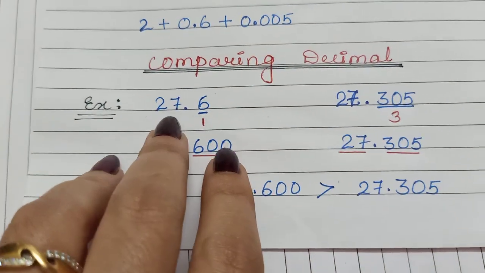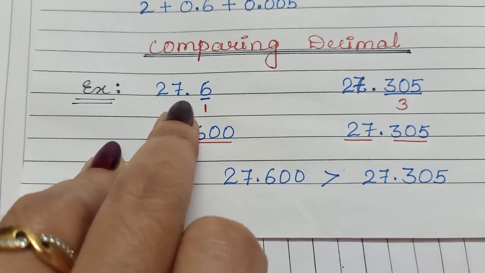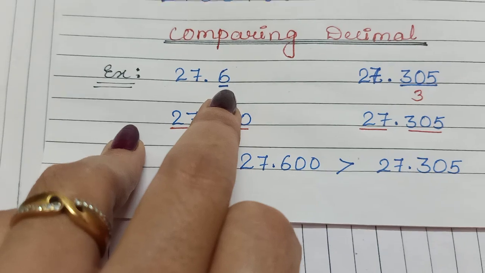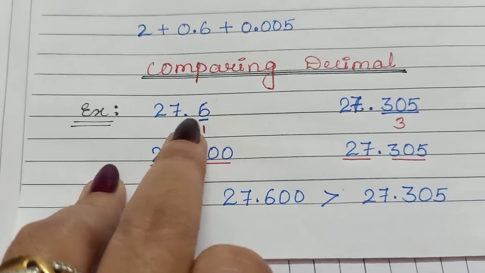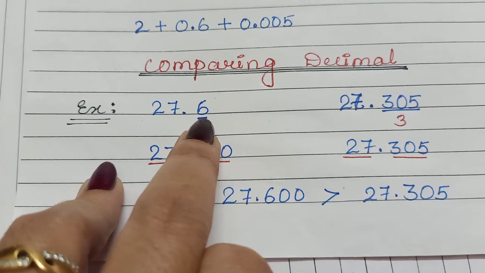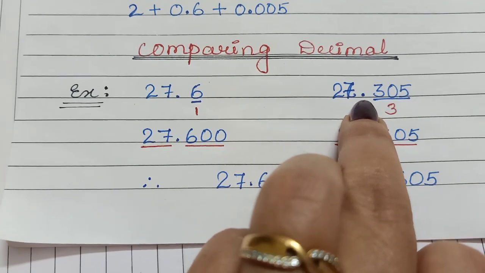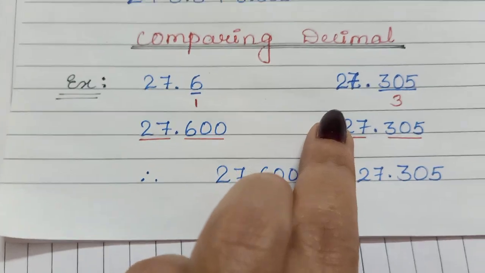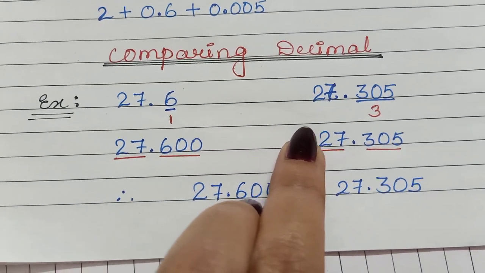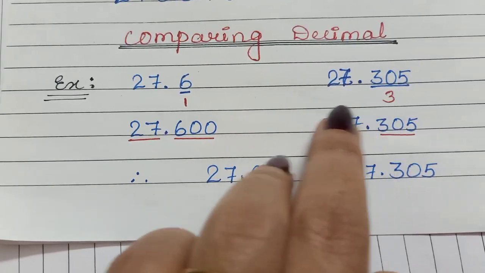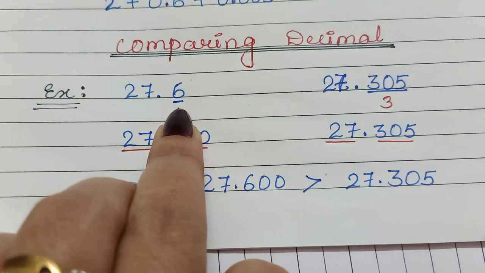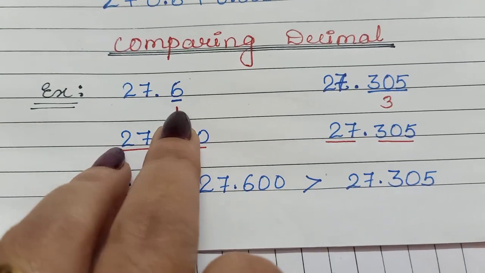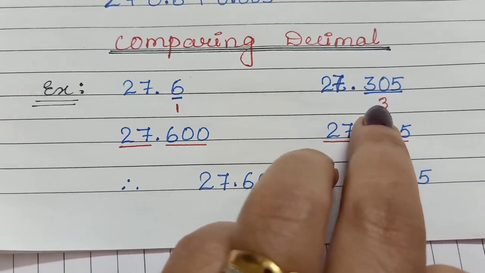Now let's see comparing decimals. When we compare decimals, we have to look at the decimal part of the number. You can see after the decimal we have 1 digit here, and 3 digits there. Generally this kind of decimal is called an unlike decimal. Why? Because after the decimal we have 1 digit here and 3 digits here.